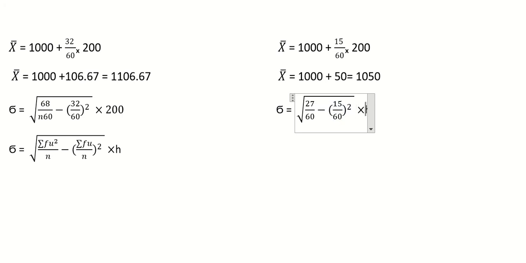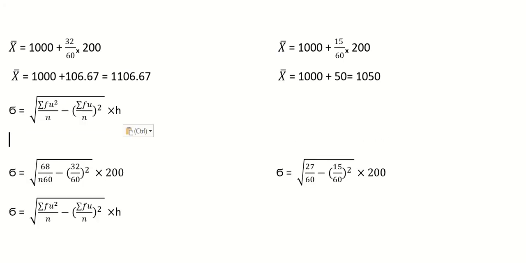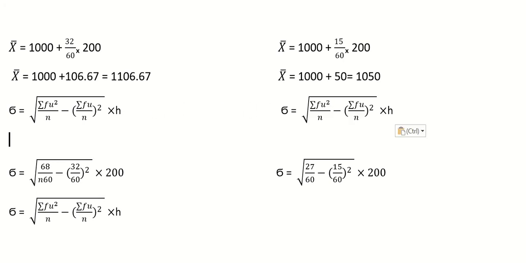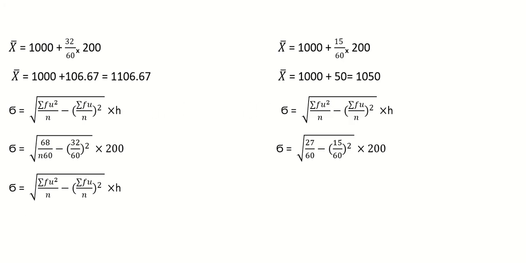Into H is again 200 for this case also. I overlapped it with the formula, so I'll just put the formula so that there is no confusion. Here we are. So now we will solve it.